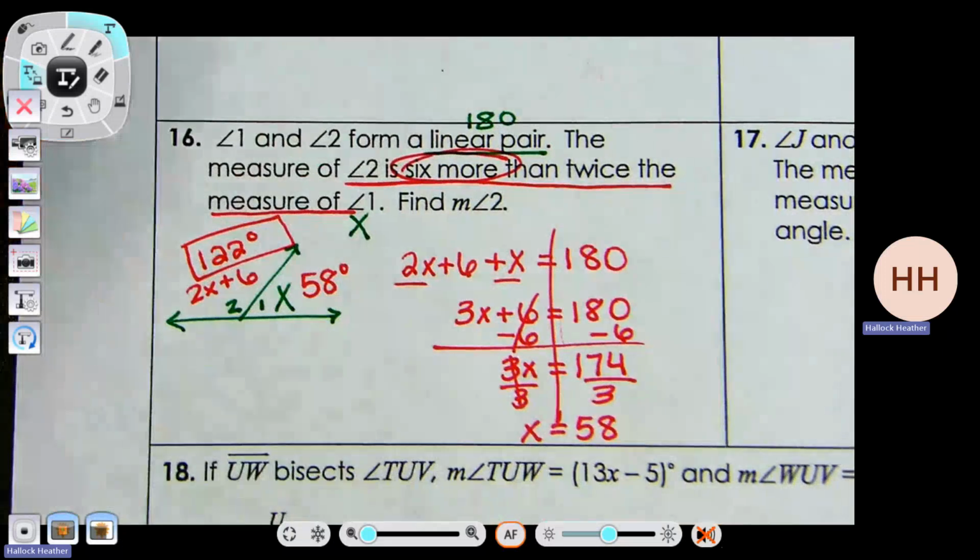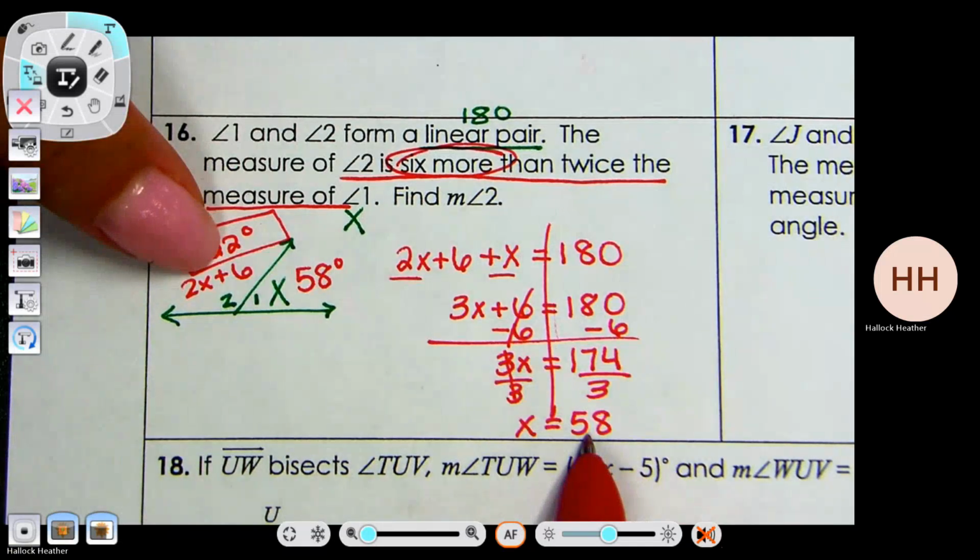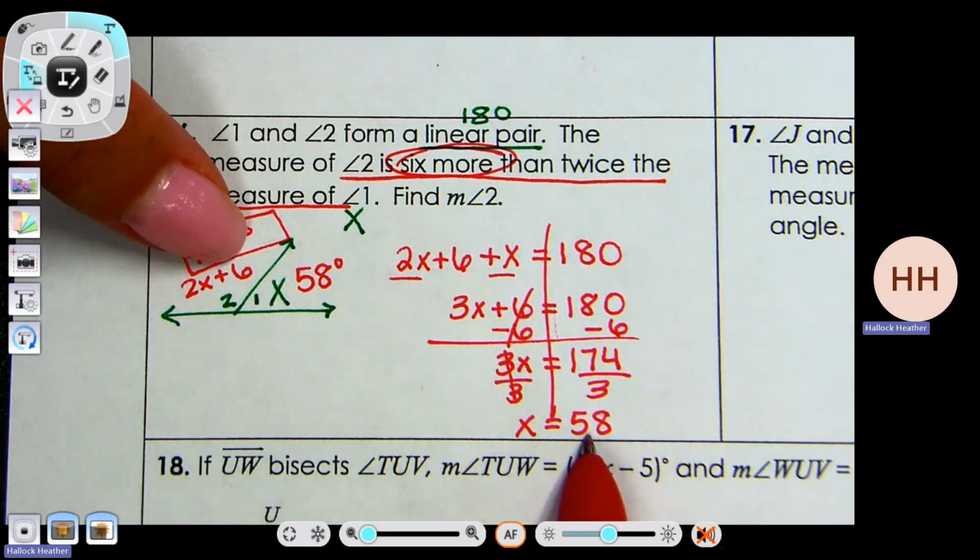So the actual answer is 122. You can cross out number 19 and 20, and the front, because it's 2 times 58 plus 6.